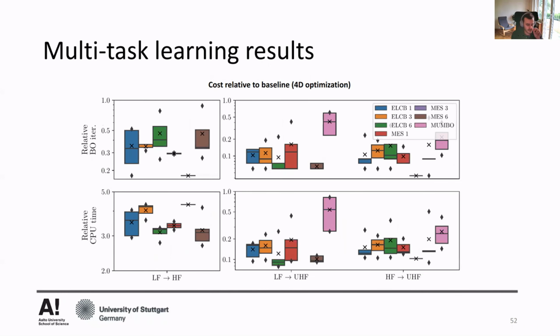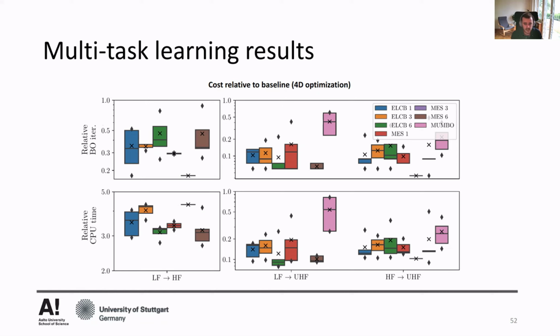And quite interestingly, in the 4-dimensional optimization problem, the situation is a bit different. Similar to transfer learning, high fidelity as target fidelity is again more expensive, but for ultra high fidelity, we once again have a lot of CPU time savings.